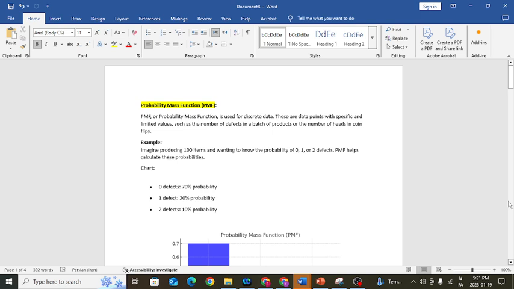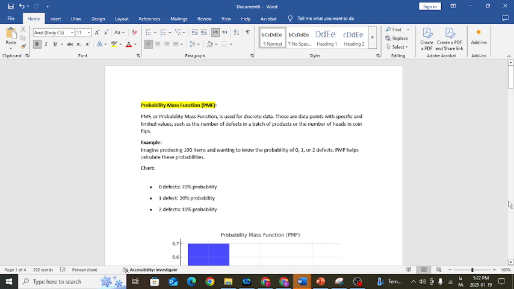These are data points with specific and limited values, such as the number of defects in a batch of products or the number of heads in coin flips. For example, imagine producing 100 items and wanting to know the probability of 0, 1, or 2 defects.